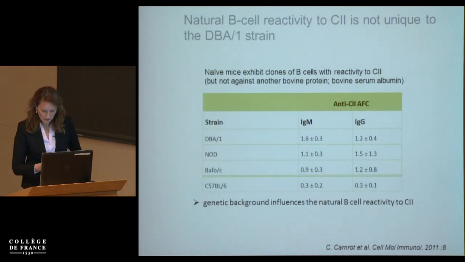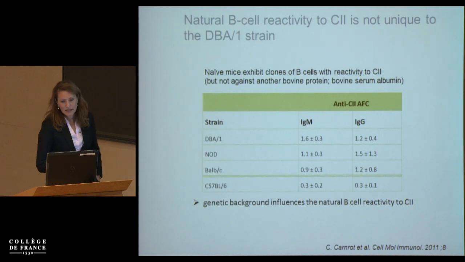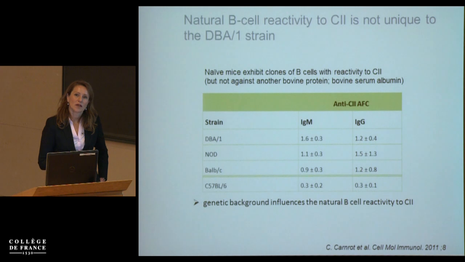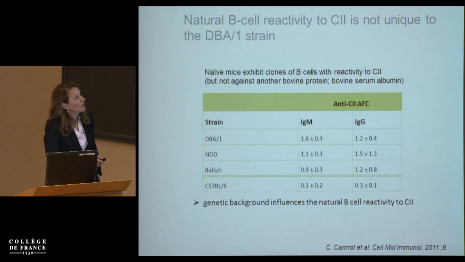And then we wanted to know whether this spontaneous or natural response to collagen can also be found in other strains, because this is important to know. And we checked different strains here. We used NOD mice and BALB/c and C57 black 6 mice.